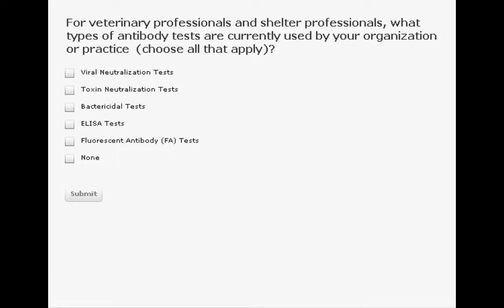Viral neutralization tests, toxin neutralization tests, bactericidal tests, ELISA tests, fluorescent antibody tests, and none.